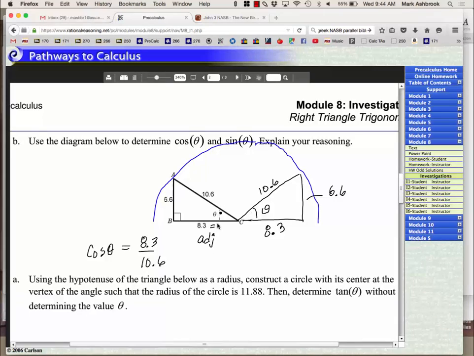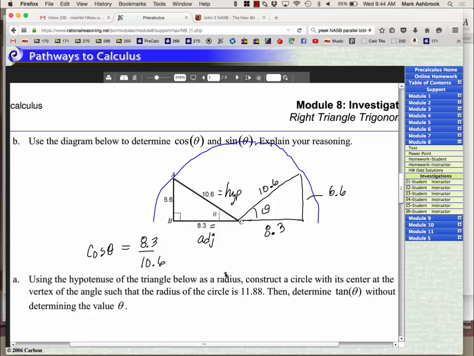Adjacent, next to that. And 10.6 is still the hypotenuse. So we can turn and flip and rotate these triangles so that it doesn't really match the angle that's swept. But these relationships, the adjacent, hypotenuse and opposite relationships, still hold for cosine, sine, and tangent.